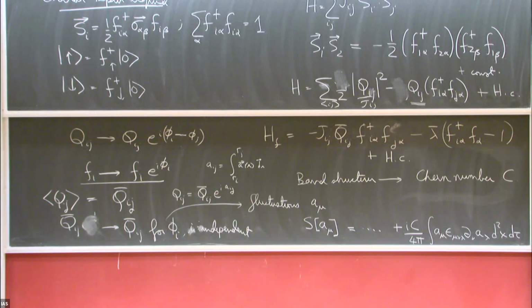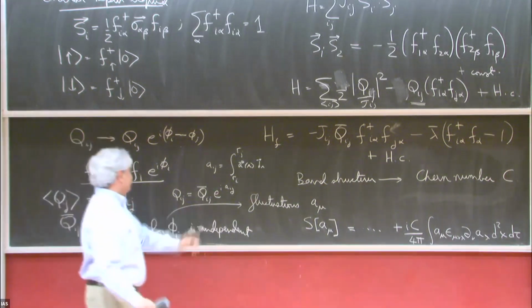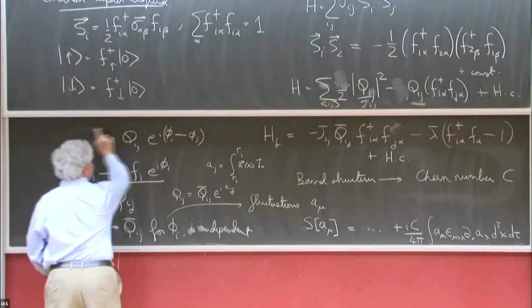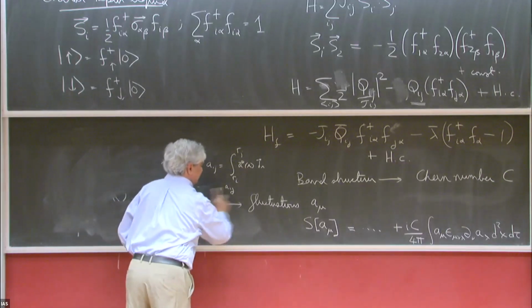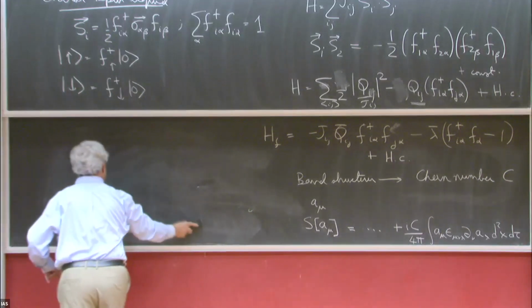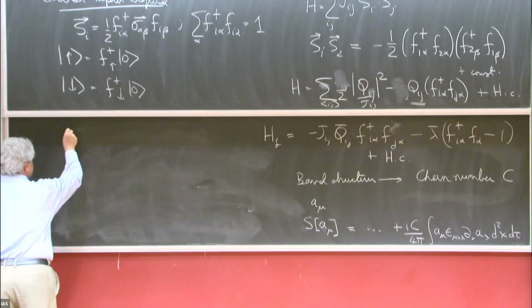All right, well, I do have a minute or two, so let me at least draw the band structure that we're going to need. So the band structure we want is the following one. Take a square lattice, but you need diagonal bonds.